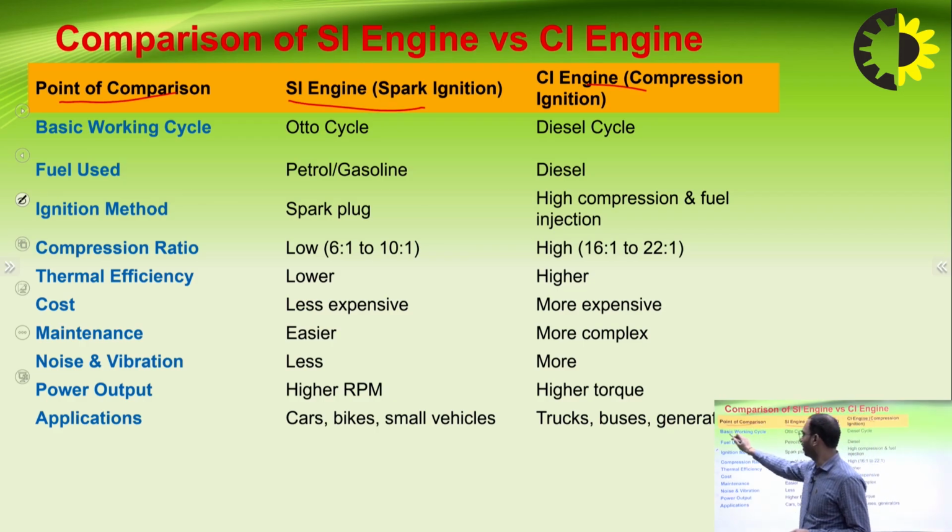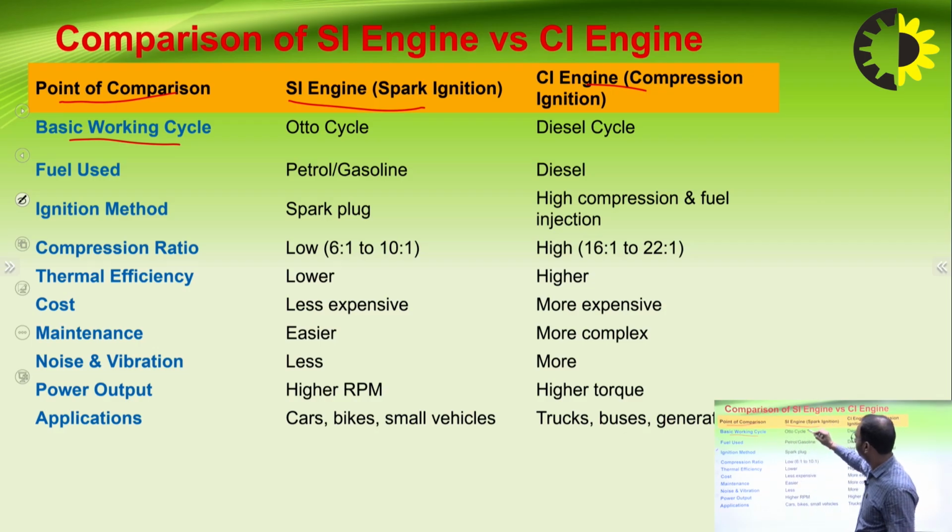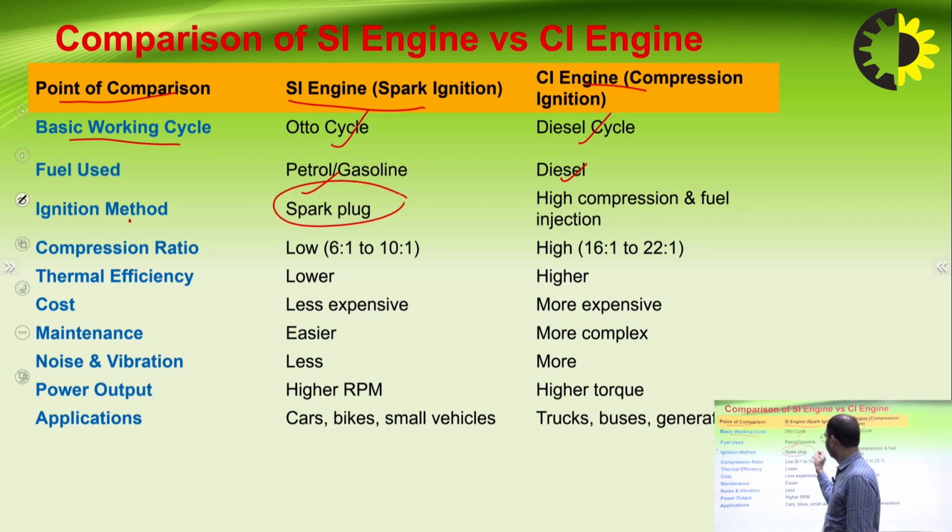According to basic working cycle, the SI engine uses Otto cycle and the CI engine works on diesel cycle. According to fuel used, the SI engine uses petrol or gasoline, whereas CI engine uses diesel only. Ignition method: SI engine uses a spark plug, whereas in diesel it is high compression and fuel injection.